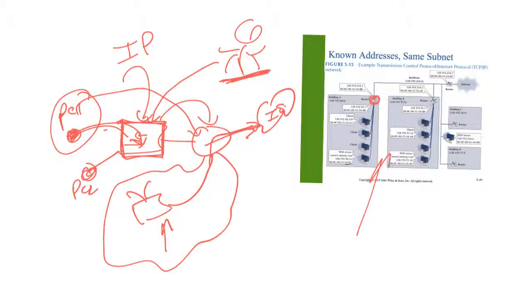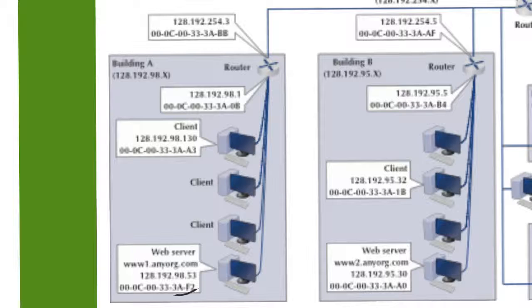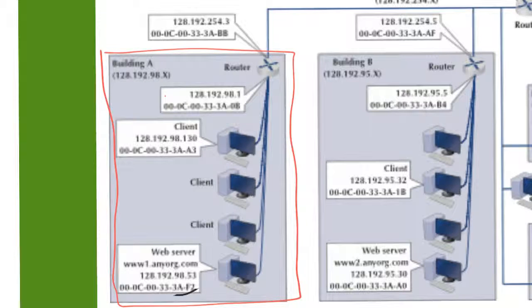But this is what we call logical, and this is what we call physical. Another important point I want to illustrate: notice when you look at an IP address, everything within this local area network starts with 128.192.98. The first three numbers are exactly the same for each one of those machines.